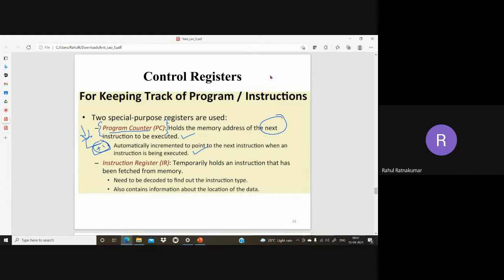Now what is the instruction register? The instruction register is another register, or storage. It temporarily holds an instruction that has been fetched from the memory. That means that while the Little Man is executing a specific instruction, that instruction is stored in the instruction register.